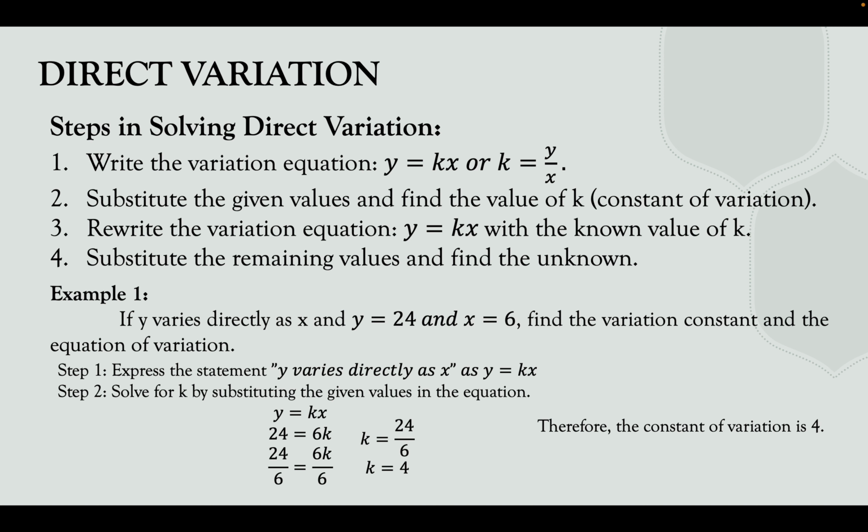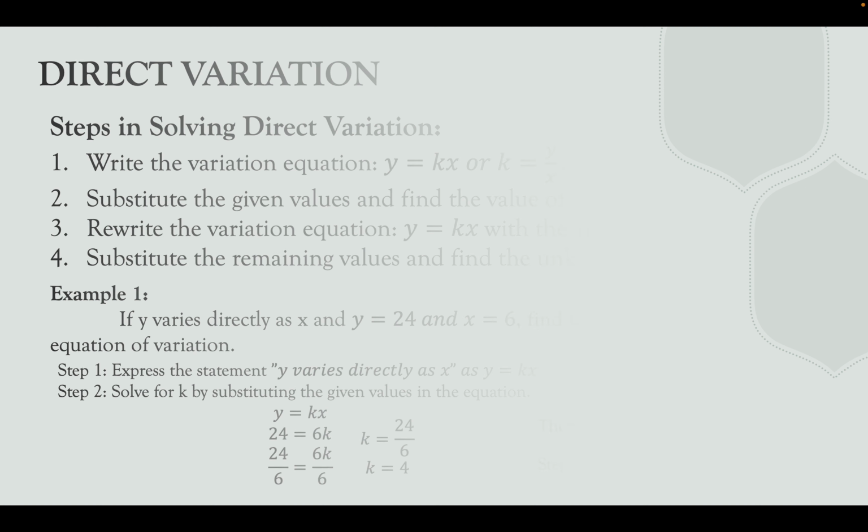The constant of variation is 4. And then step number 3, the equation of variation will be, we just need to substitute the value of k, y equals 4x. So step number 4, in this question, we don't need to solve this one because we're not asking for the missing value or the unknown value.